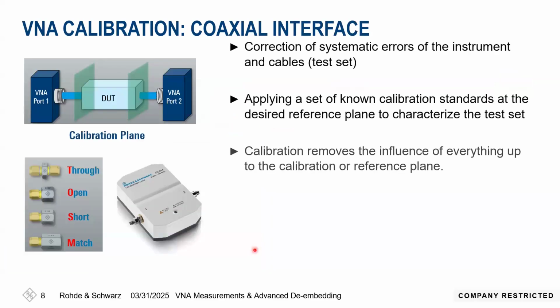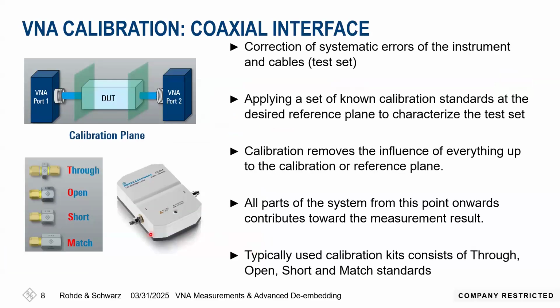When we talk about network analyzers, we know that inside the network analyzers there are different components. For example, there is a directional coupler, there is a VSWR bridge. So all these components basically have some inaccuracies. They are not ideal components. Also, to connect our device under test, we need cables in our test setup.